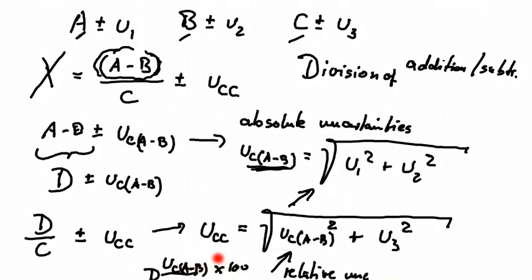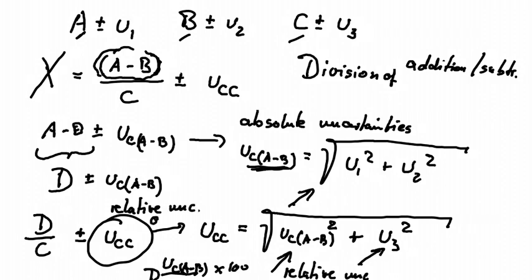And then use the combined uncertainties, relative uncertainties for this uncertainty and for our U3 for this uncertainty here. And I should probably make this clear, this is also a relative uncertainty. So our combined uncertainty here again would be a relative uncertainty, which is given in percent.